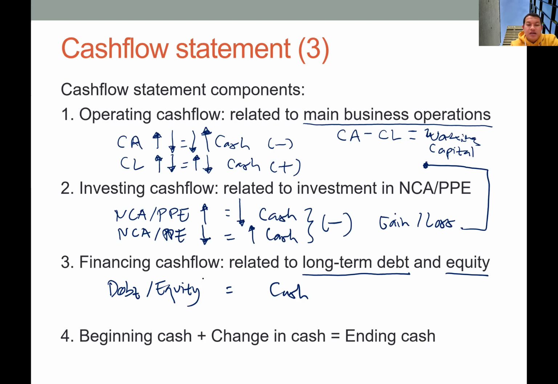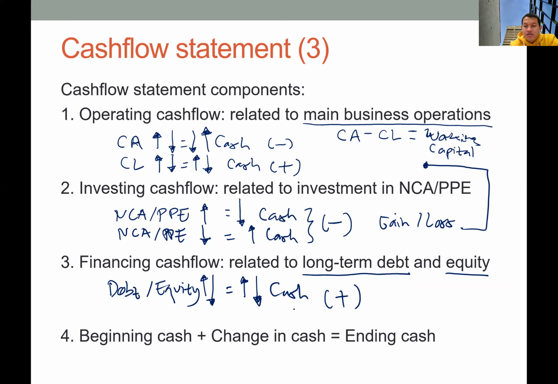If debt and equity are increasing, it means the company issued more bonds or applied for more loans, or they're issuing more shares to the investors. So the cash will be increasing as well. And if these are decreasing, the cash should be decreasing as well, because the company repaid some of the loan or bought back their shares. So another positive relationship between debt and equity with cash.